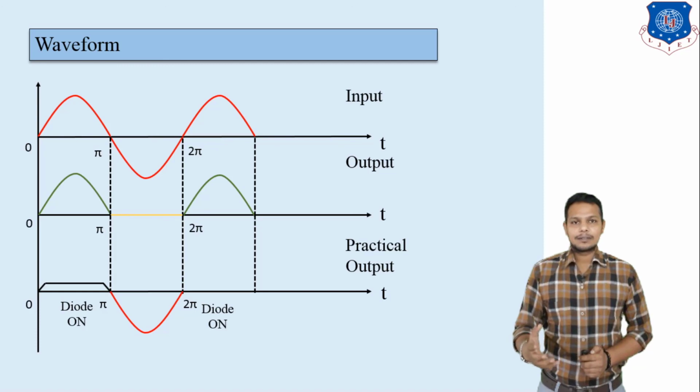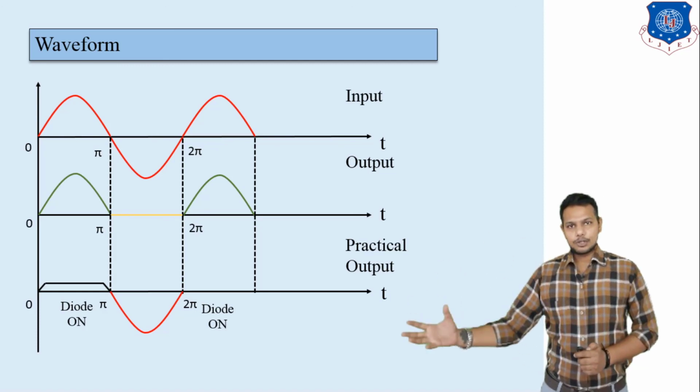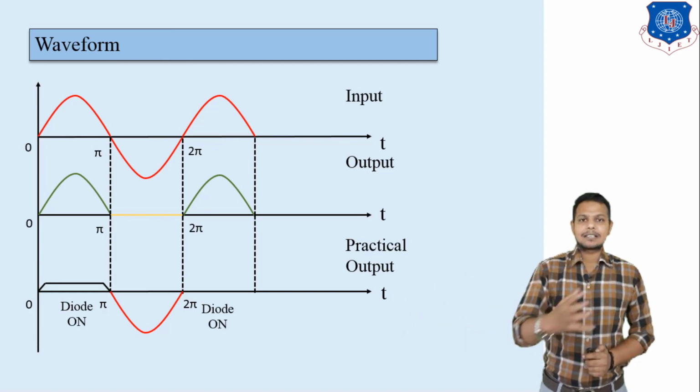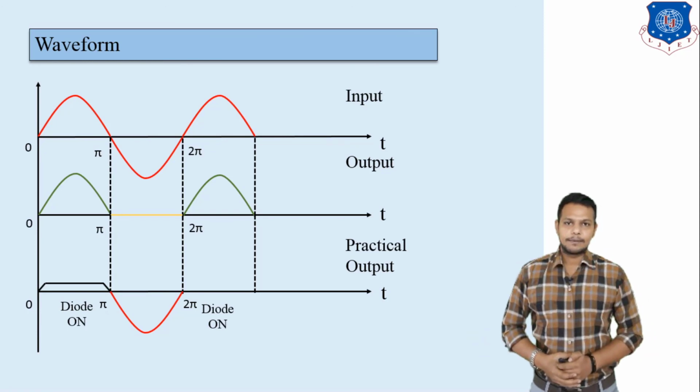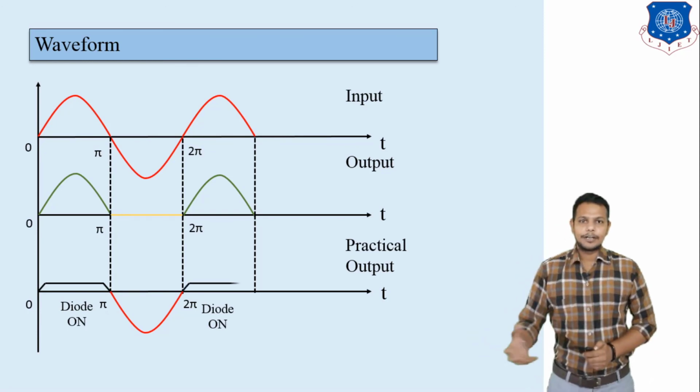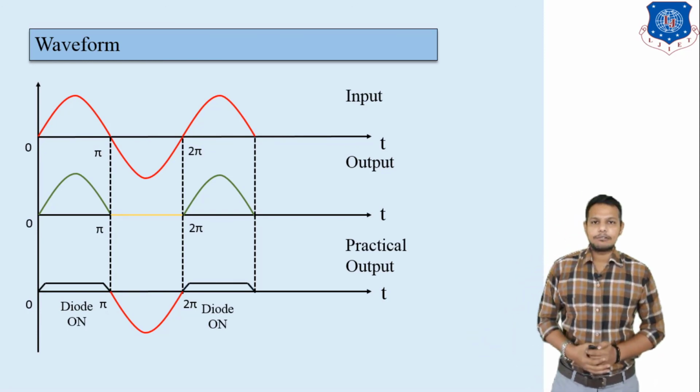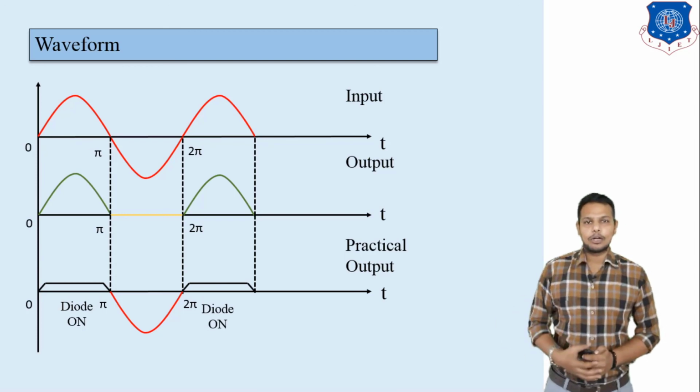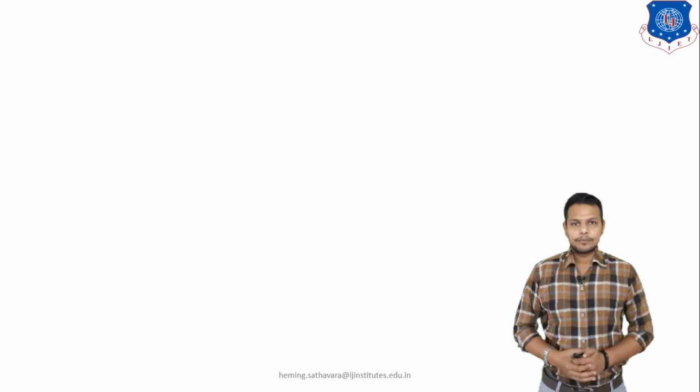That means your input is measured from the output side. So again, if you enter positive, then you will get 0.7 volts across the diode.